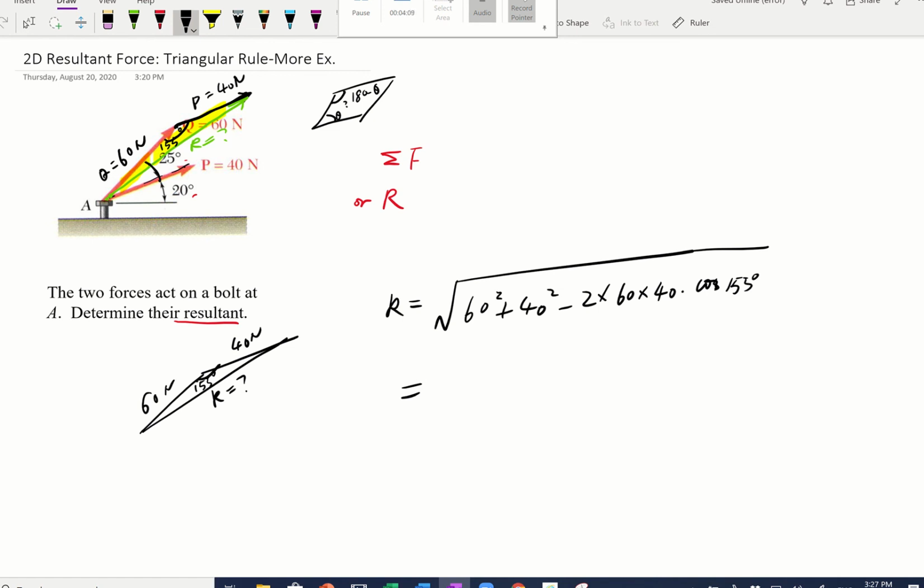Then we have to take the square root. Then I have an answer of 97.73 Newton, rounding.